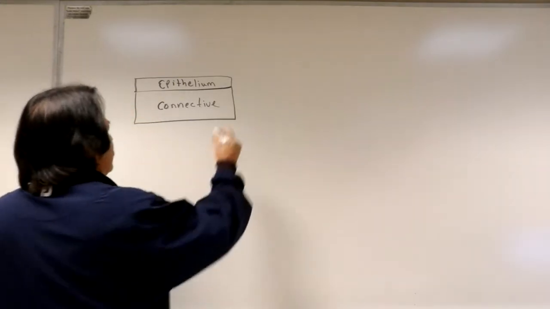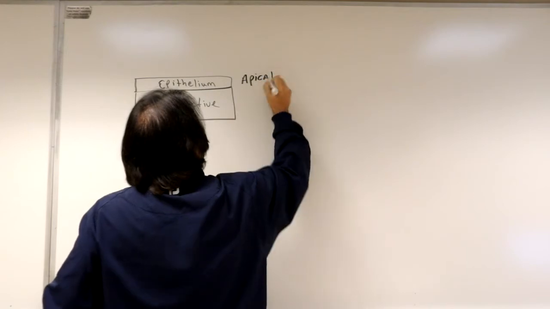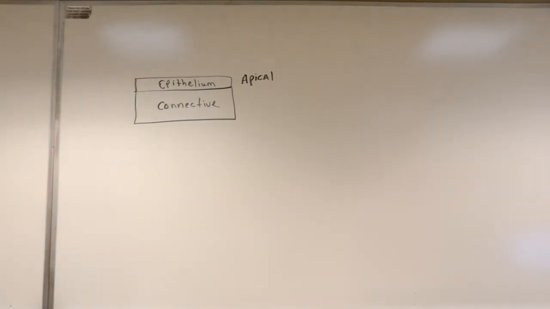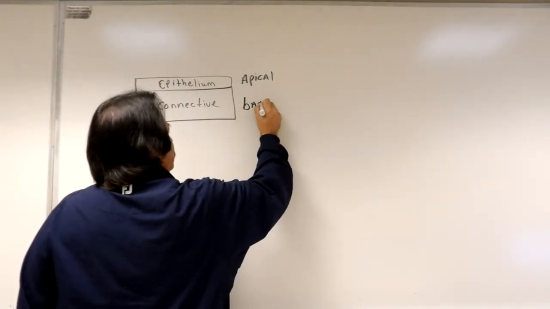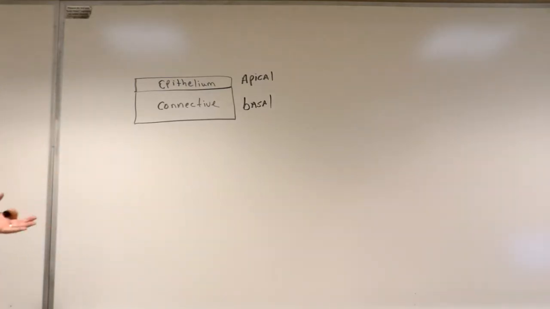Epithelium is what we call the most apical tissue. That is, it's superior in its location to connective. Connective is the more basal located tissue. Basal, basement, bottom. All right?